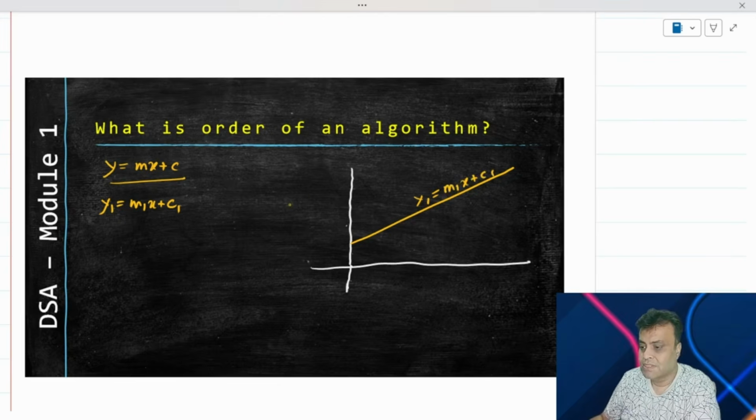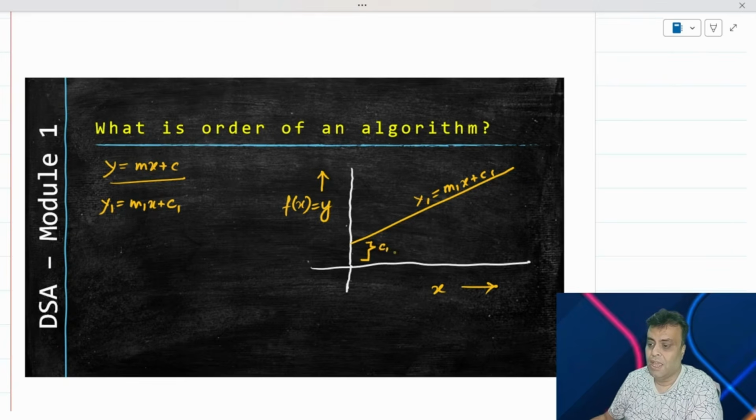And what is in this axis? This axis represents a function of x which is equal to y, and this axis represents x. I'm sure you are aware of it. This part of the curve is the intercept, which is your c1, and this part of the curve represents your slope, which is your m1.